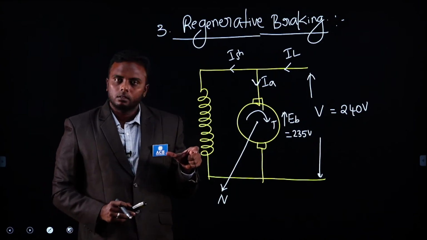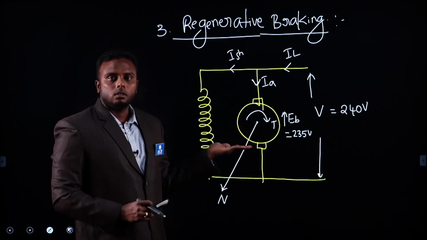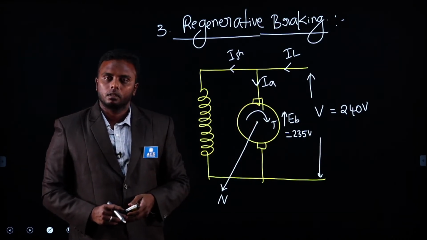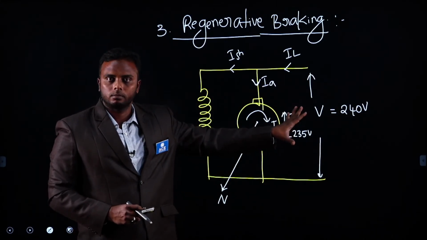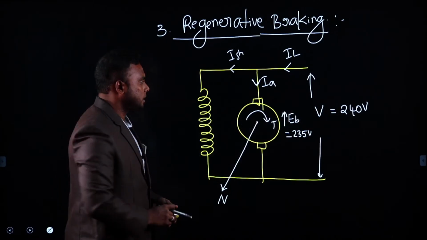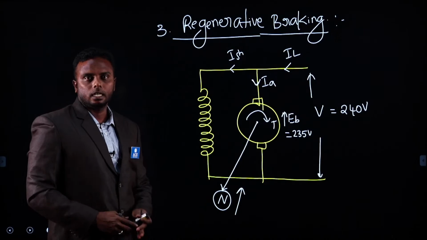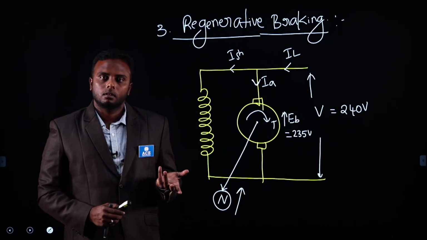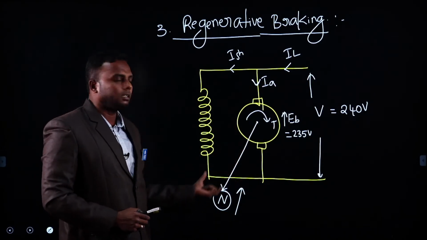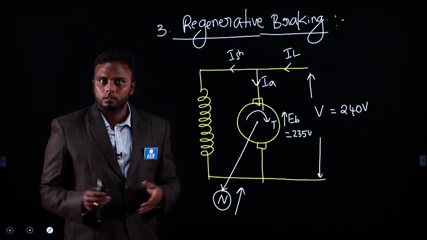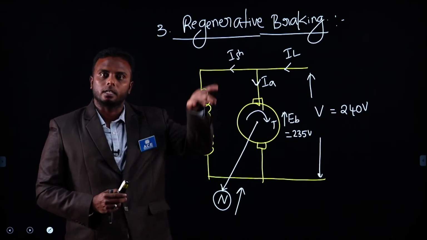But sometimes, due to load variation, the speed of the motor may suddenly increase due to the load, not the motor. The supply is fixed. Suddenly the load decreases, or the shaft breaks, or the mechanical coupling to the load is opened, so the load is suddenly disconnected, and the motor speed will rise.